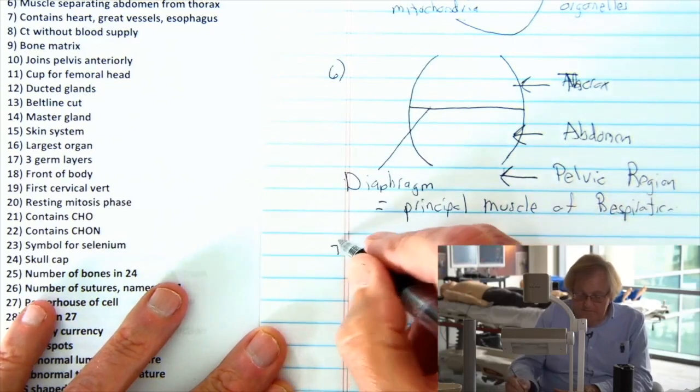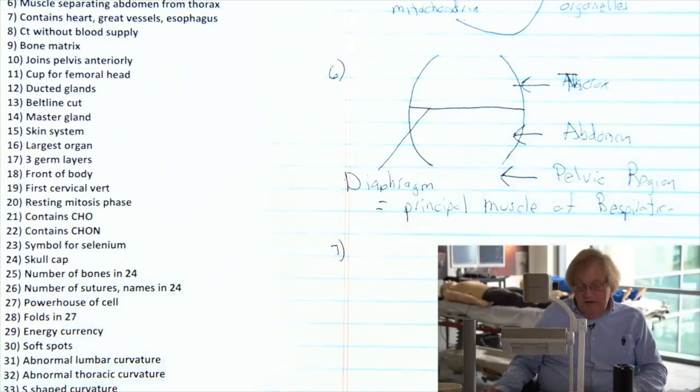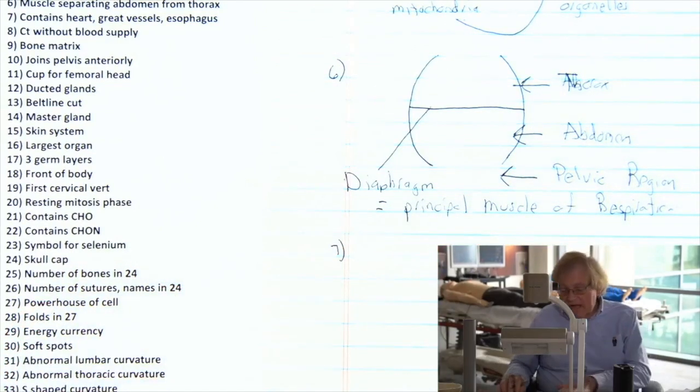Number 7 says contains the heart, great vessels and the esophagus.